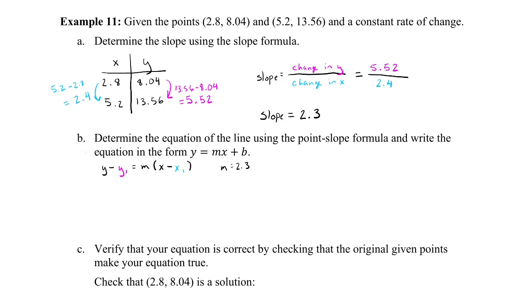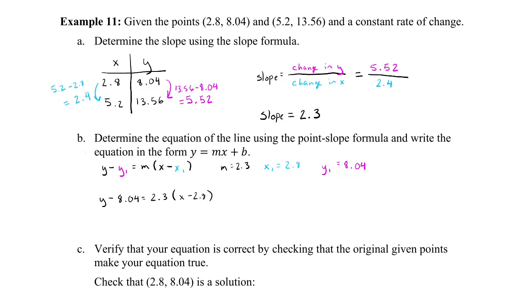I'm going to choose our first point for the given point. So the given x is 2.8. The given y is 8.04. We'll have y minus 8.04 equals 2.3 times x minus 2.8.